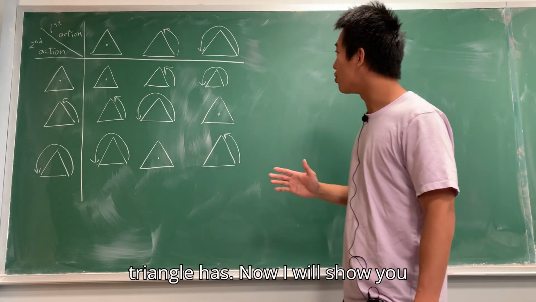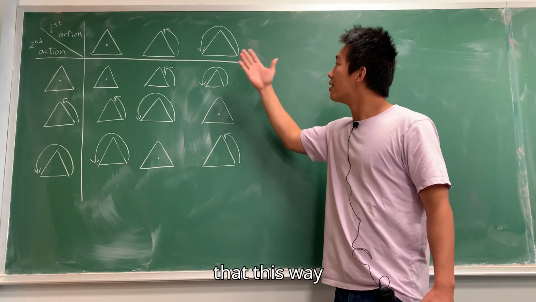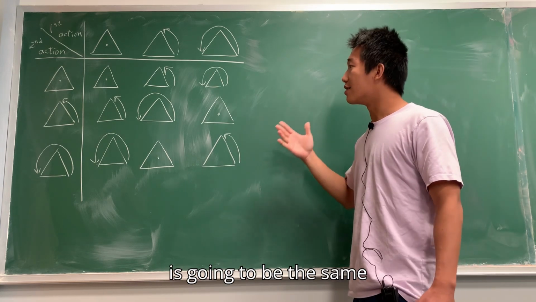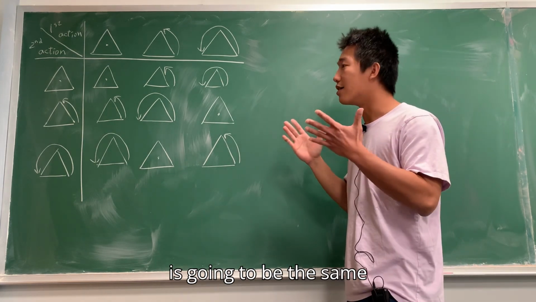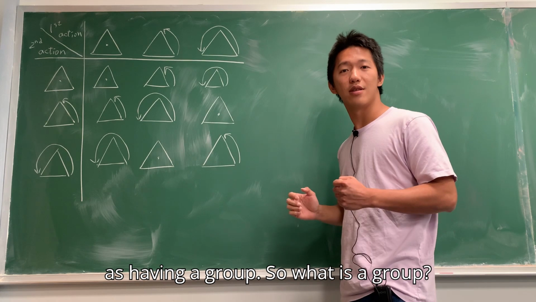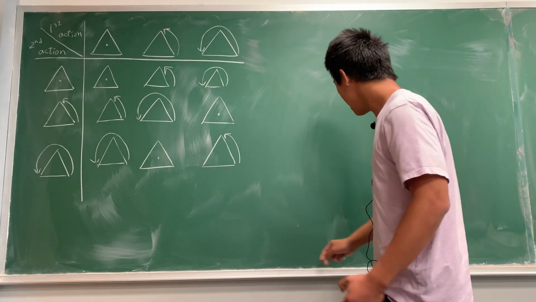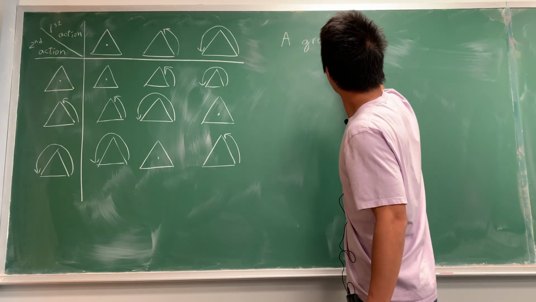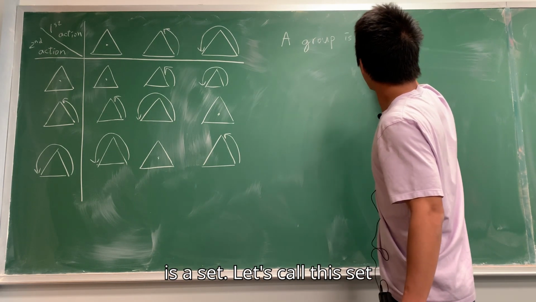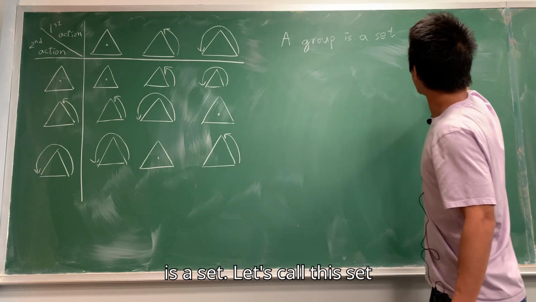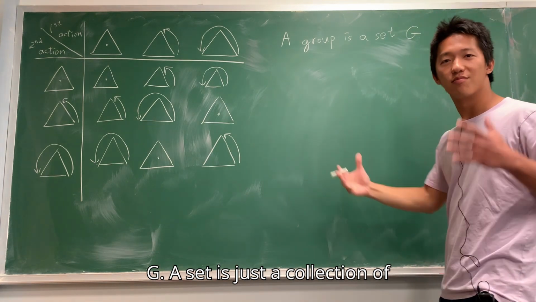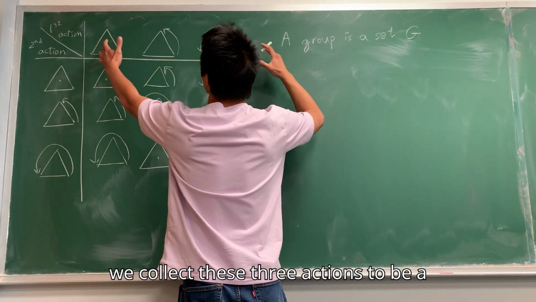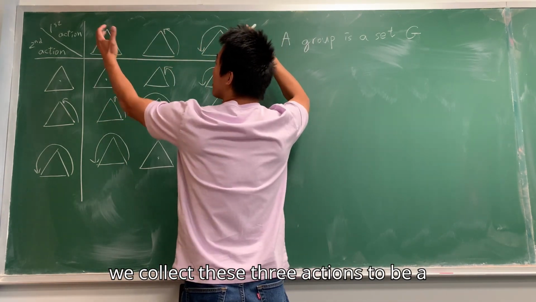Now, I will show you that this way of describing the symmetry is going to be the same as having a group. So what is a group? A group is a set. Let's call this set G. A set is just a collection of things, and we're going to collect these three actions to be a set.